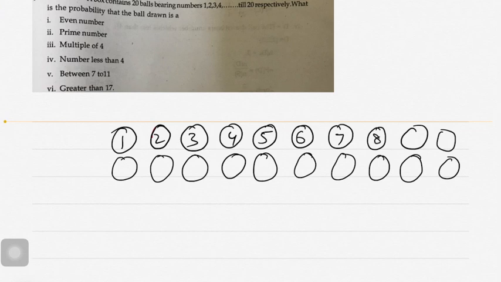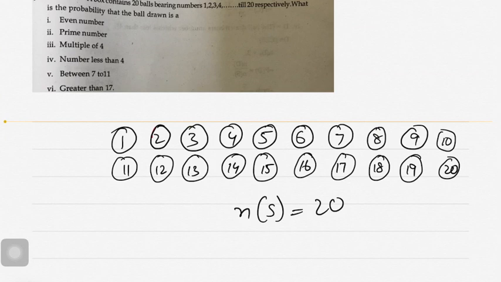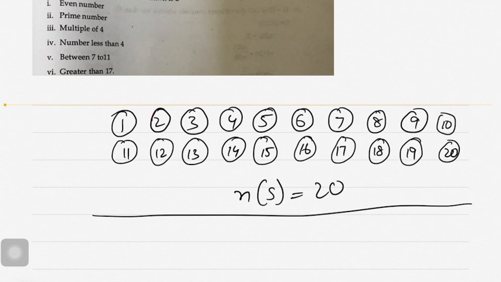So this is ball 1, 2, 3, 4, 5, 6, 7, 8, 9, 10, 11, 12, 13, 14, 15, 16, 17, 18, 19 and 20. Okay. So there are 20 balls and you have to select from these 20 balls. That means your sample space is 20, right? So n of S is going to be 20. Correct? Okay.